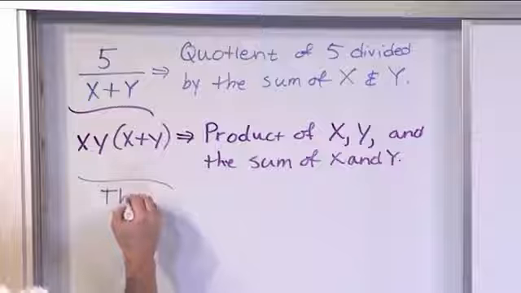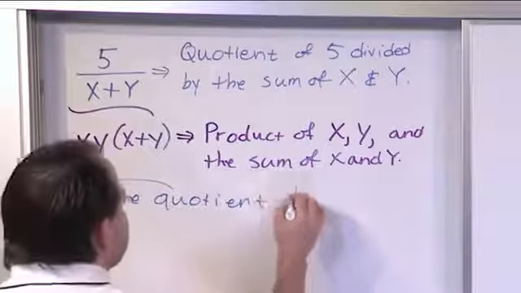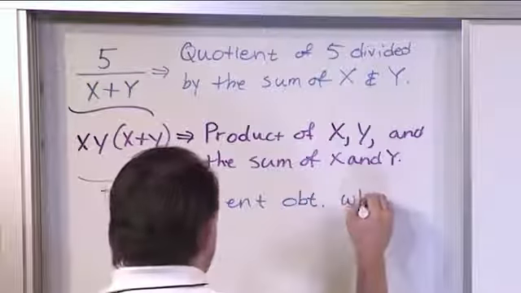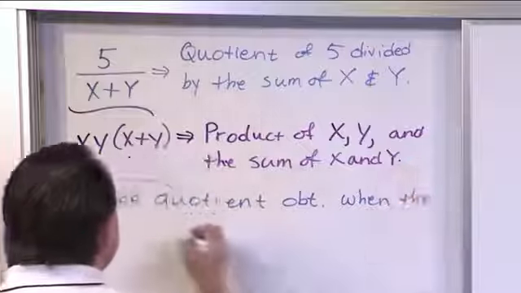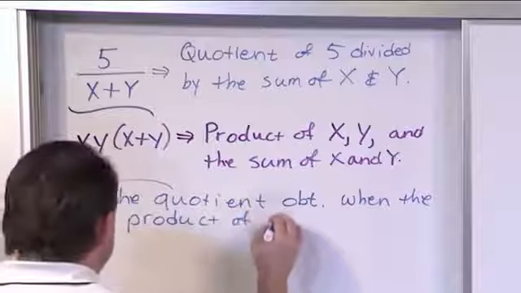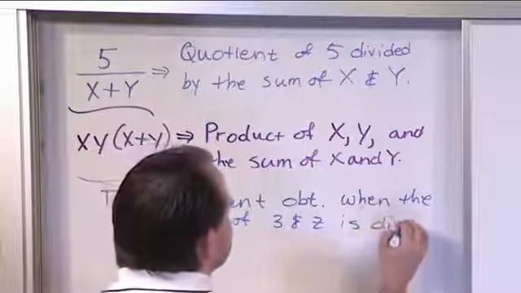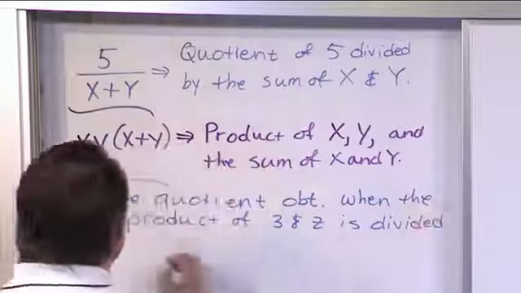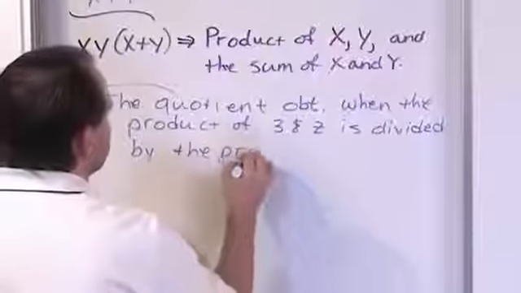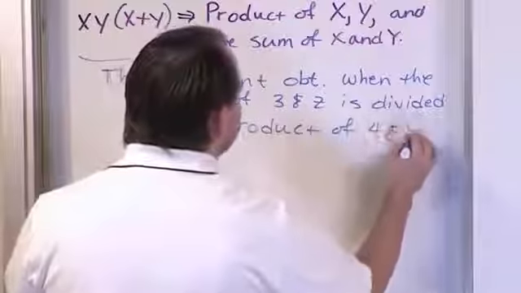Let's say you had the quotient obtained when the product of 3 and z is divided by the product of 4 and x.